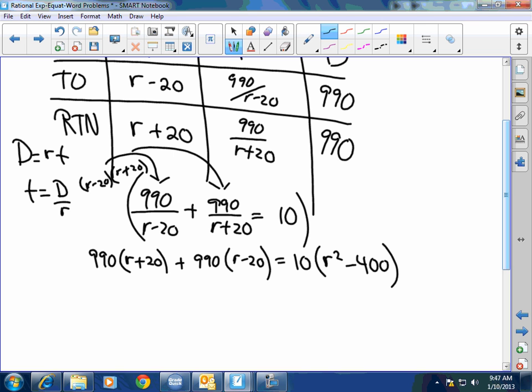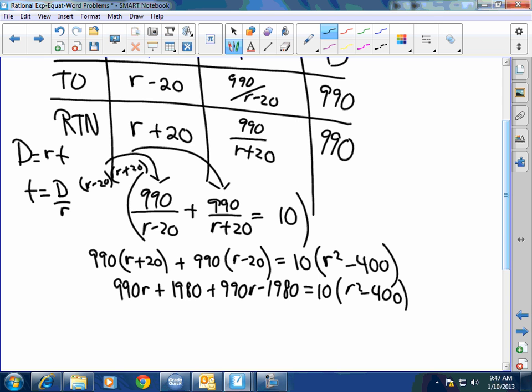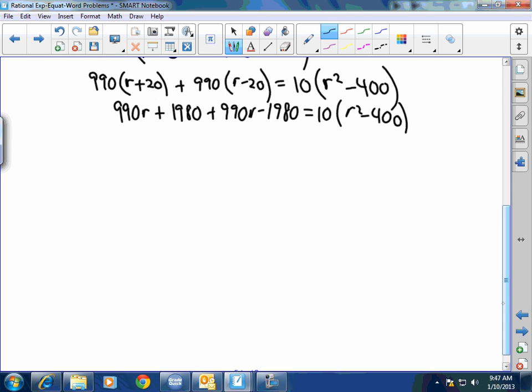Okay, because r minus 20 times r plus 20 is a difference of squares, so it's the square of the first minus the square of the second. Now when I do my math, there's going to be 990r plus 1980 plus 990r minus 1980 equals 10 times r squared minus 400. Is everyone with me so far? Yeah. Okay, luckily, these two cancel, okay?